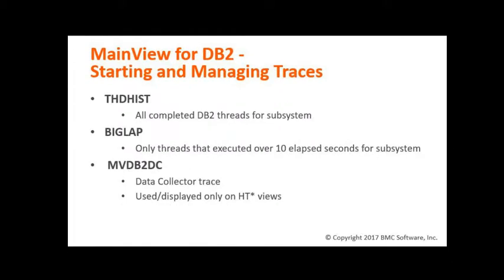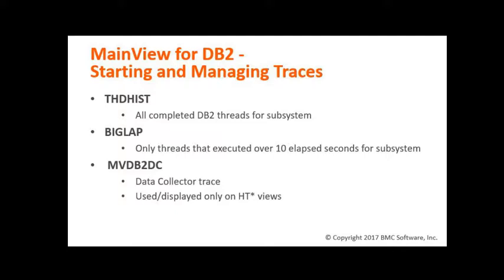Three distinct traces are started by default at MainView for DB2 product initialization. The thread hist trace contains all completed DB2 threads for each subsystem. The big elapsed trace contains only those threads that executed over 10 elapsed or wall clock seconds.